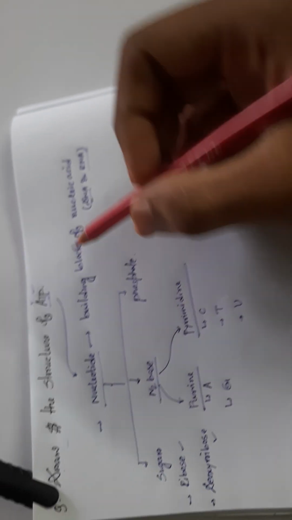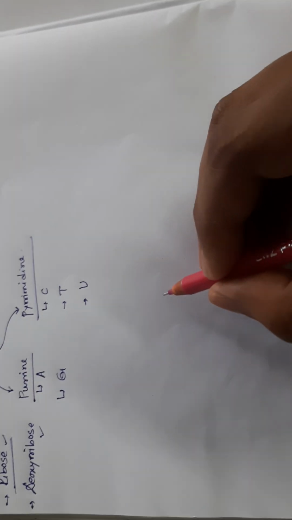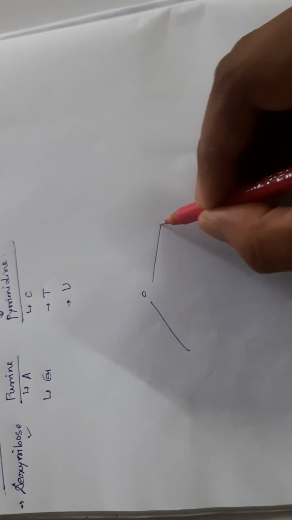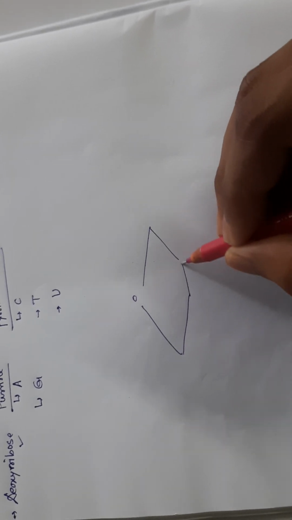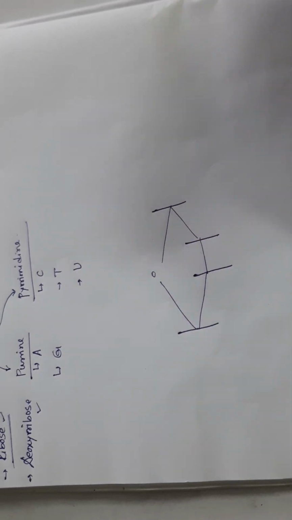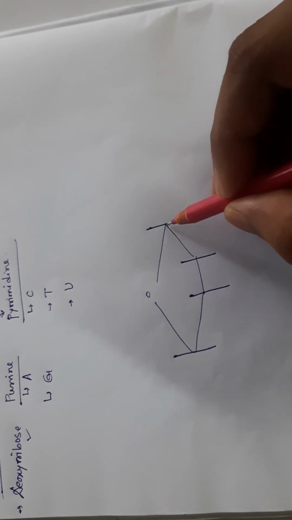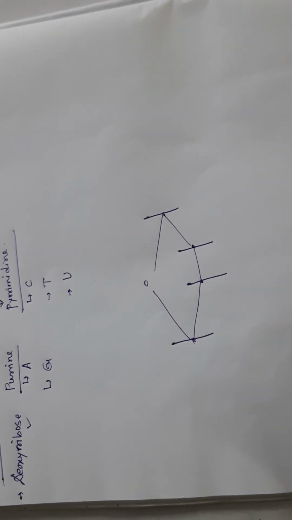So here we see the structure of ATP. ATP contains the ribose sugar. So what is the structure of ribose sugar? The structure is not so good but not so bad. These positions suggest carbon atoms are present.